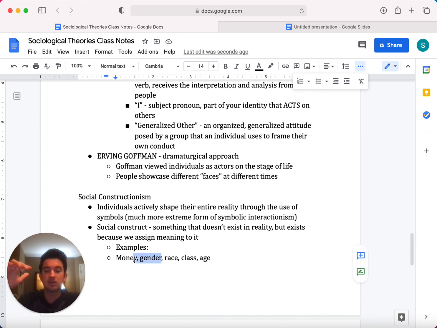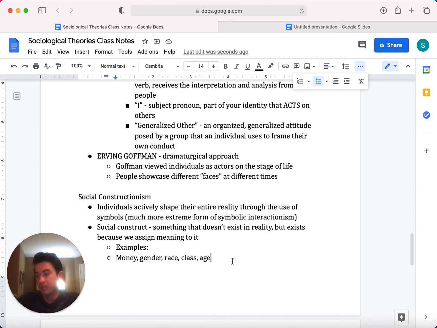So obviously, with gender and age and race and all this stuff, there are phenotypic differences between males and females, right? But this concept of gender, according to social constructionists, is something that is completely just made up by humans. So just know that there can be even things like these that social constructionists will say is a total social construct.